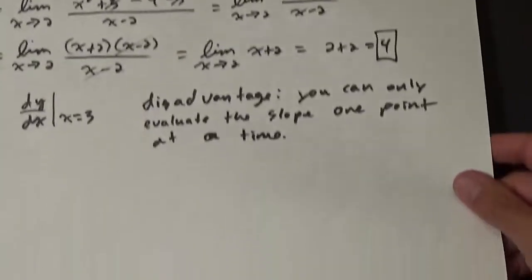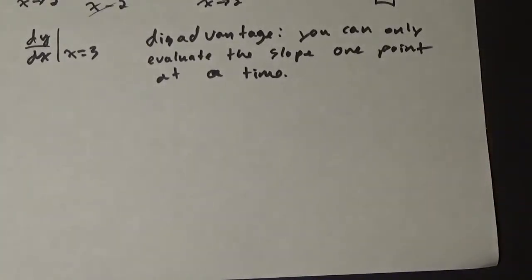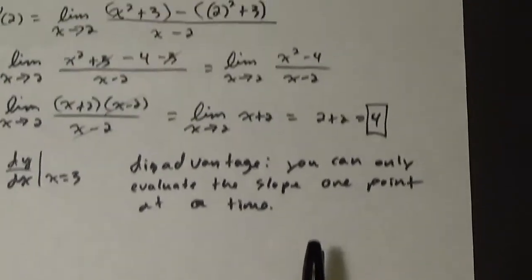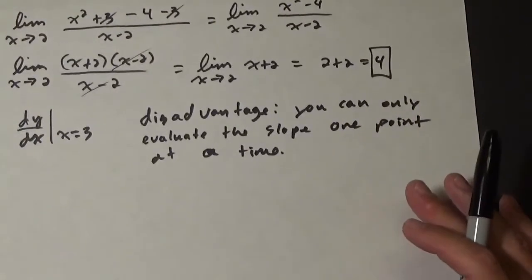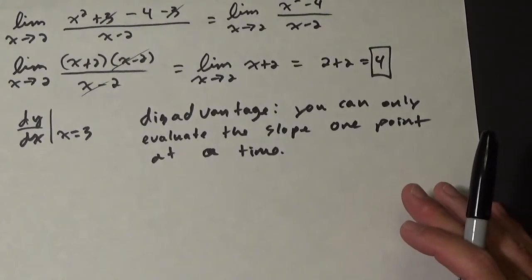But the other advantage is for the following example. We're going to look at where a function might not be differentiable and showing that the function's not differentiable. And in those cases, this form tends to be a pretty good form to use. So let's take a look at that.